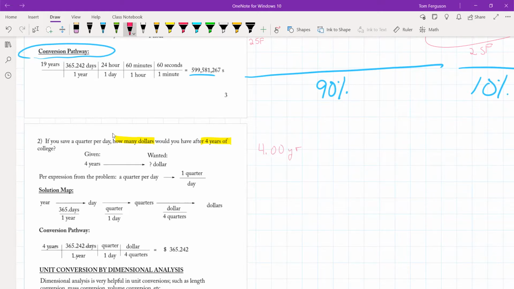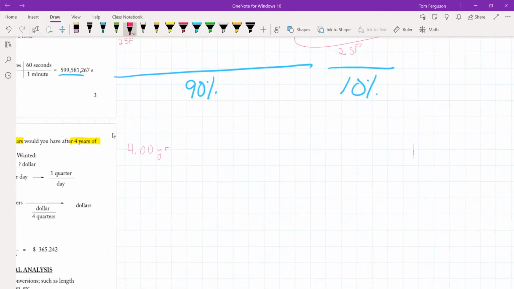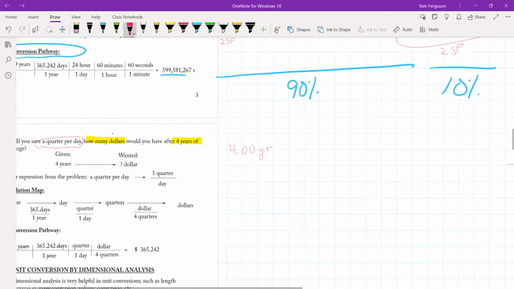Okay. And what are the conversion factors? Well, one conversion factor is this here, 1/4 per day.